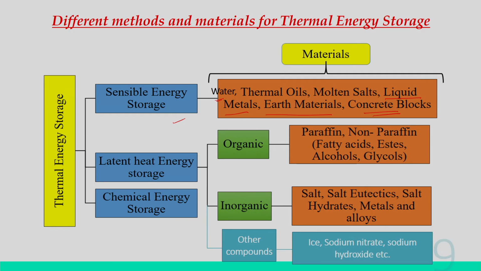And in case of latent heat storage systems, we can have a variety of substances, maybe organic, maybe inorganic, or maybe other compounds. Under organic, we may have paraffin, which is a very good phase change material.